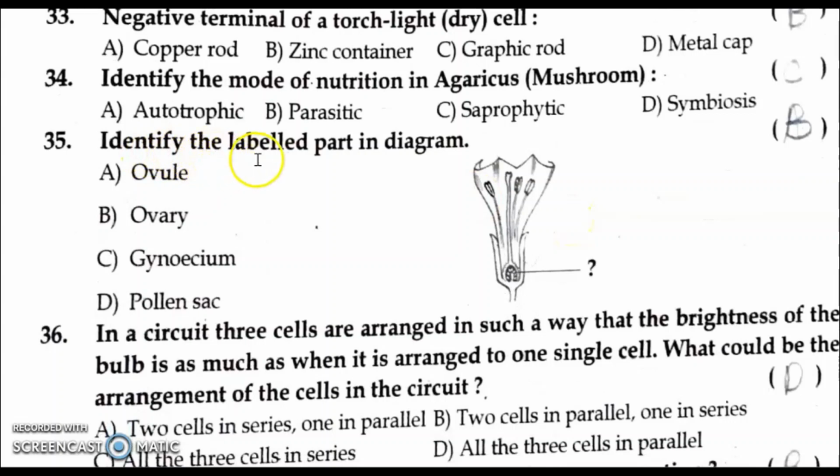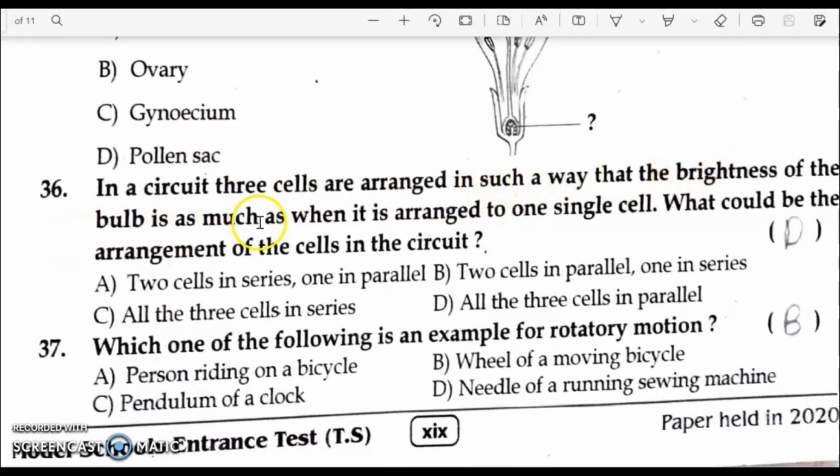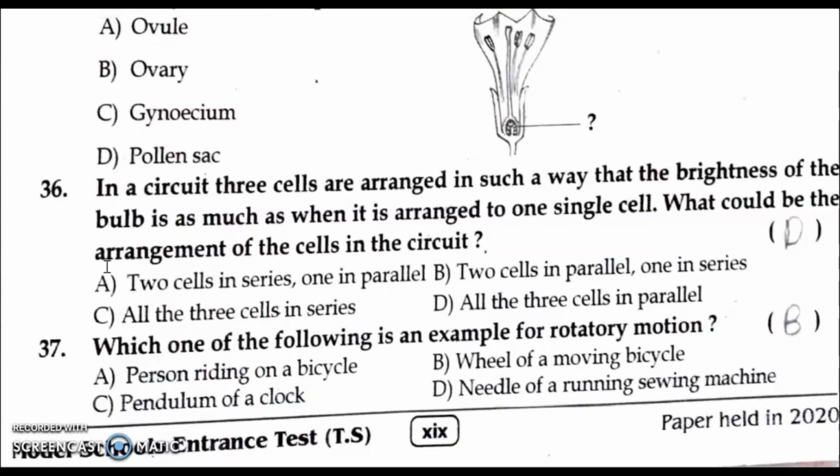Identify the labeled part in the diagram. Ovule or ovary. It gets confused, but it is ovary. In a circuit, three cells are arranged in such a way that the brightness of the bulb is the same as when it is arranged with one single cell. What could be the arrangement of the cells in the circuit?